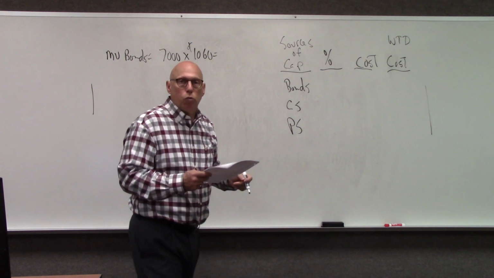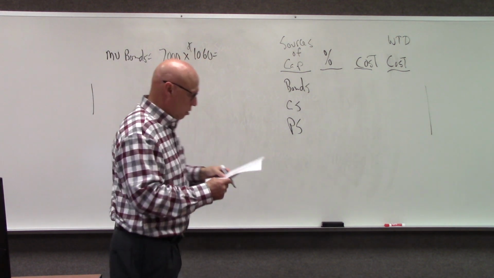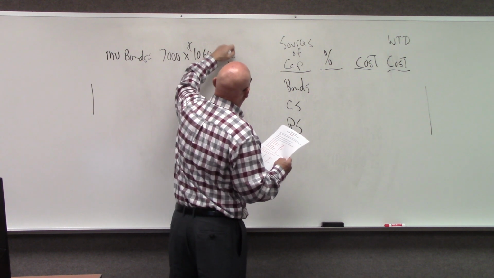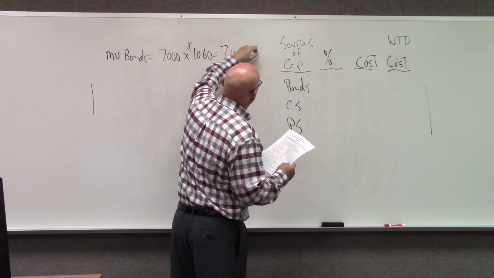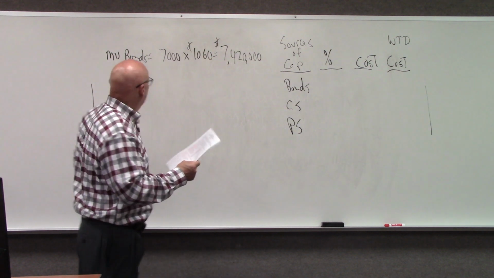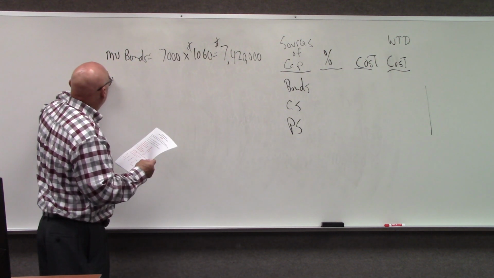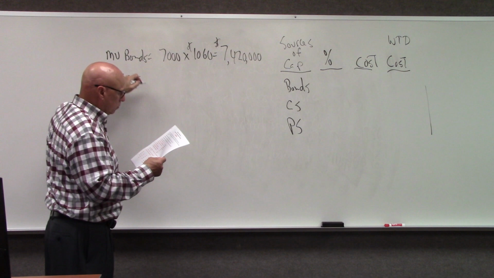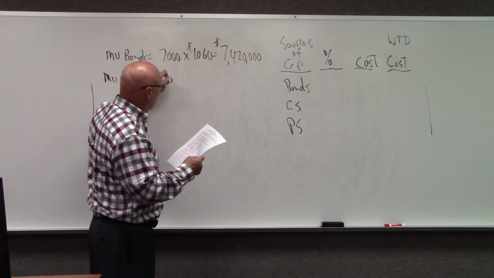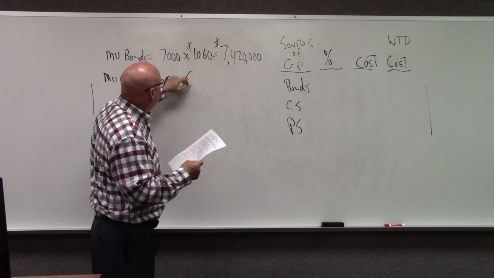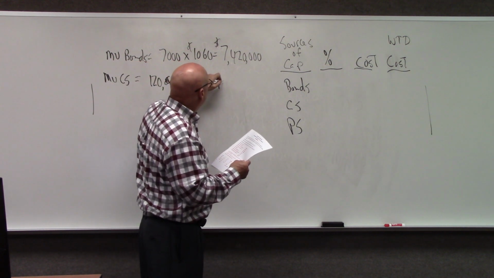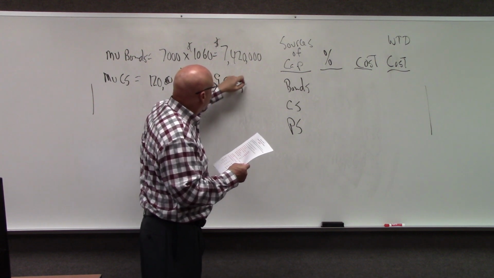So that's 7,420,000. And the market value of the common stock is equal to 120,000 shares times $82 a share, and that's 9,840,000.